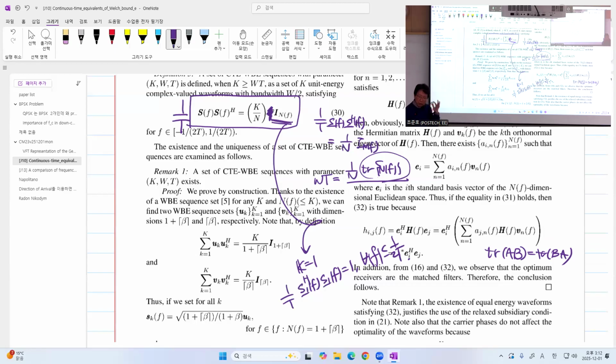Okay. Be careful. The reason why this is confusing is that generalized Nyquist criterion requires WT greater than or equal to K. And this result requires WT less than or equal to K. So they only have the same solution when WT equals K, especially when K equals 1, WT equals 1.